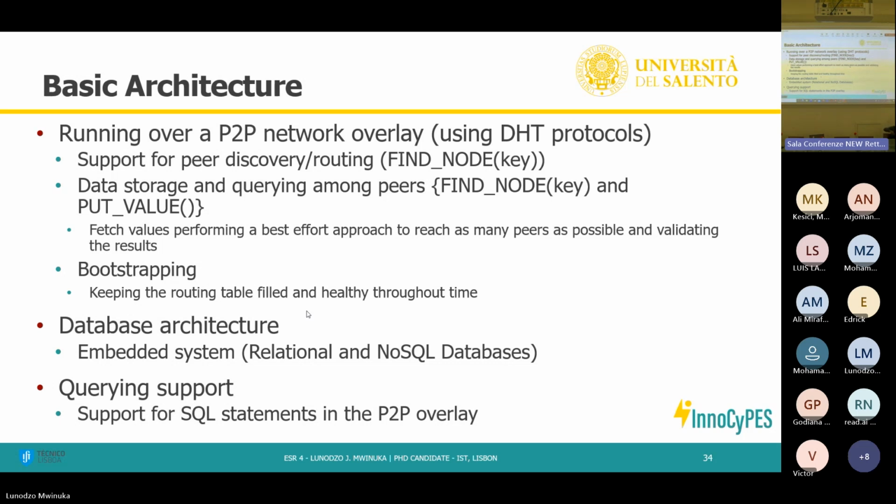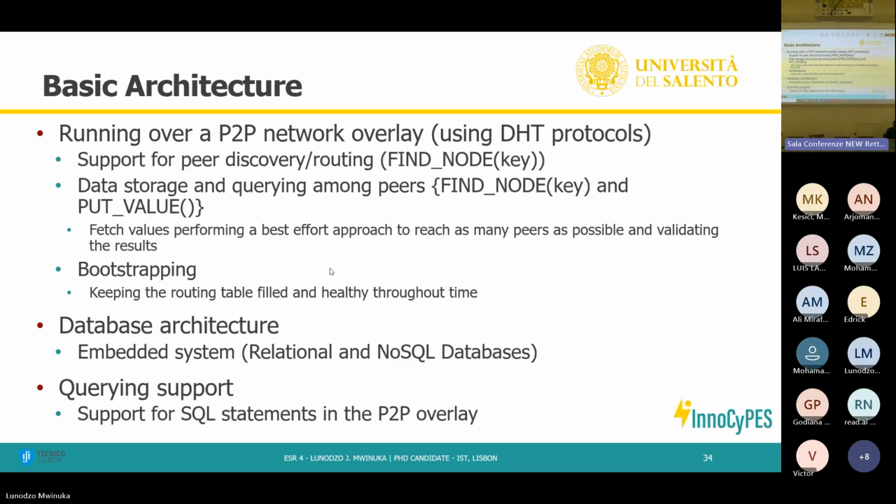We need bootstrap peers for managing the network. And there is not just one single bootstrap peer, because that again could introduce a single point of failure. So there are many bootstrap peers to make sure that the system operates smoothly and that we can fetch data whenever we need them.